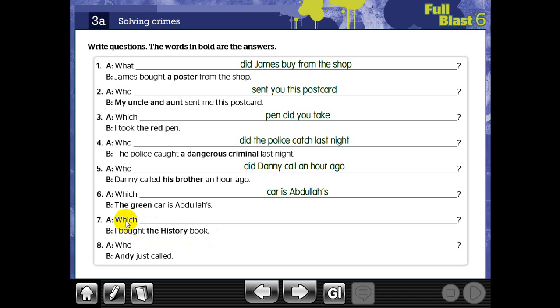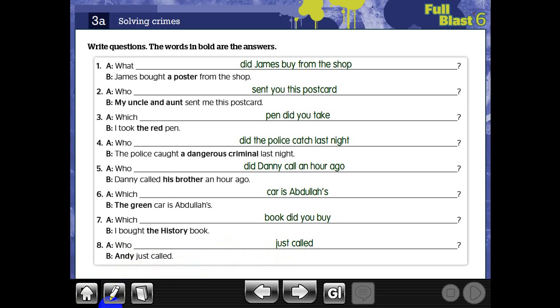I should put the word book after which. Which book did you buy? Then number 8. Who? Andy just called. It's very easy. I omit Andy and complete the sentence. Who just called?